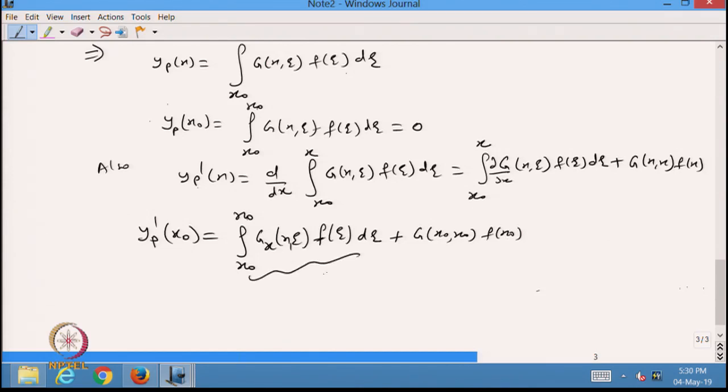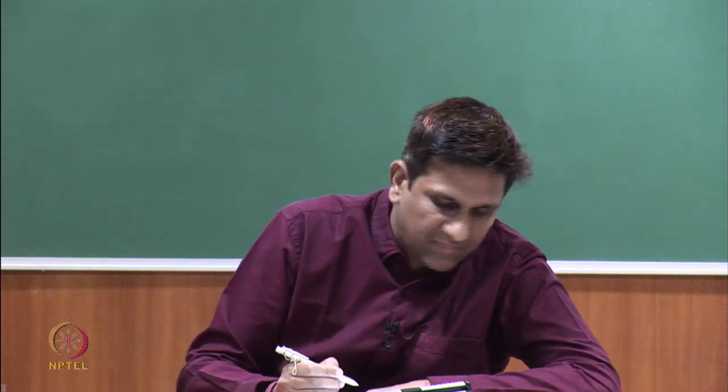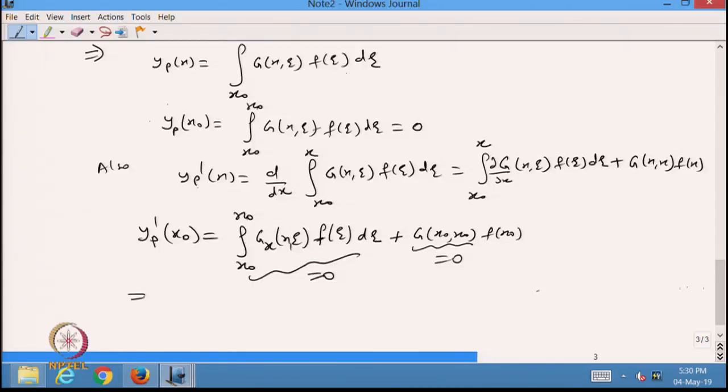This value is equal to 0, and this is also 0, because x naught is the initial condition and g is the solution of the corresponding homogeneous equation. So I can say that y_p, the particular solution I am having, satisfies the corresponding homogeneous initial conditions, that is, y_p at x naught is 0 and y_p dash at x naught is 0.